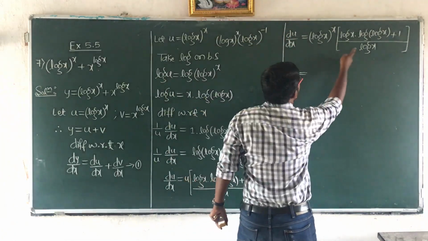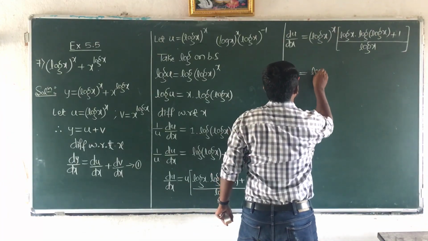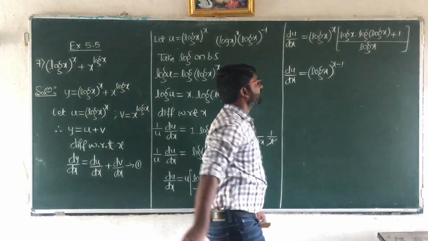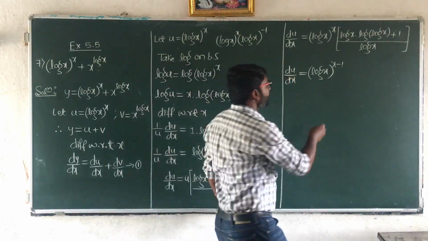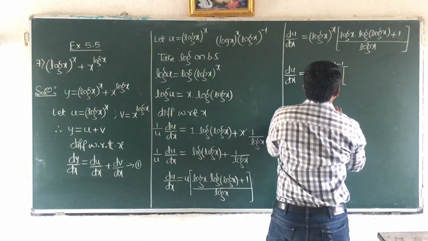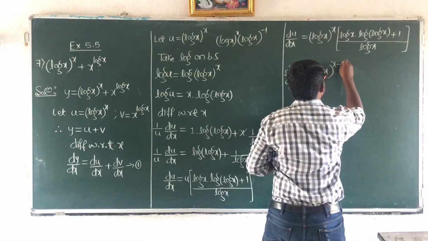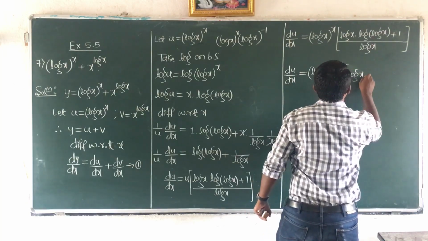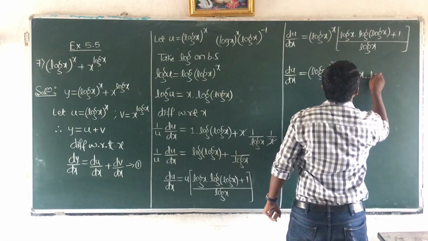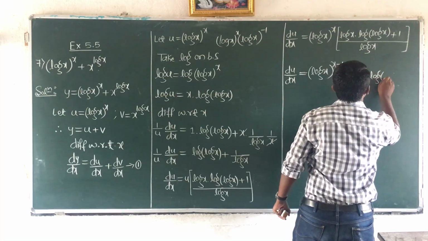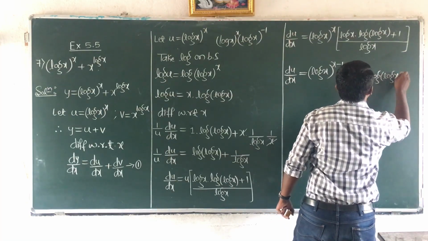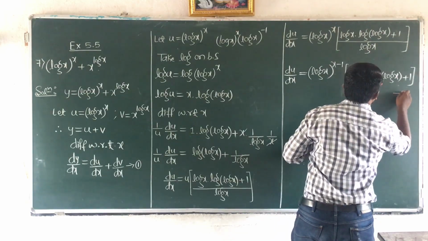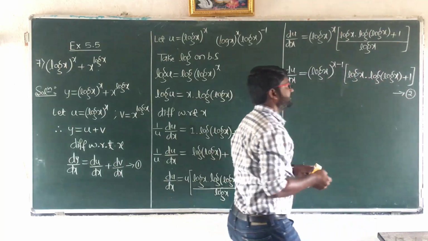So these two together can be written as (log x)^(x-1). I hope you understand this step. So now inside the bracket is log x into log of log x plus 1. So I call this equation number 2.